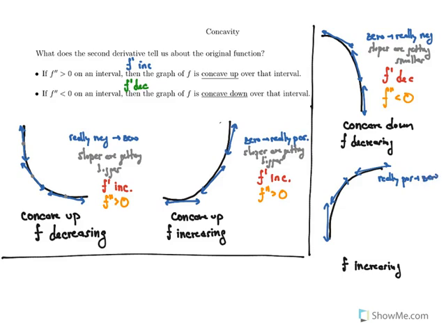That means that the slopes are getting smaller. That means that the derivative is decreasing, which means that the second derivative is negative, which means that this is concave down.